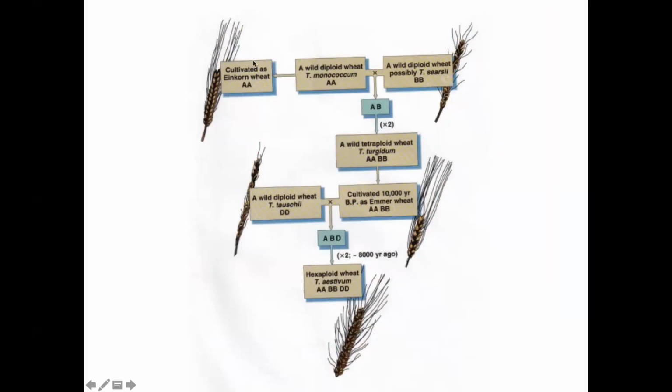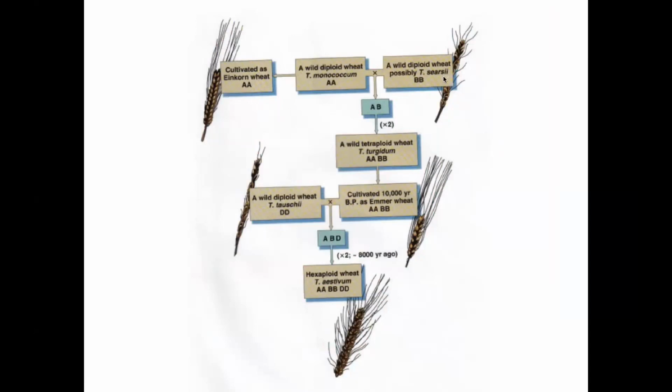So again, totally randomly, totally spontaneously, two different diploid forms of wheat. This is einkorn wheat. It consists of what wheat geneticists call the A genome, so a diploid species. And then you had Triticum circe, which is a different species of wheat that contains what we geneticists call the B genome.